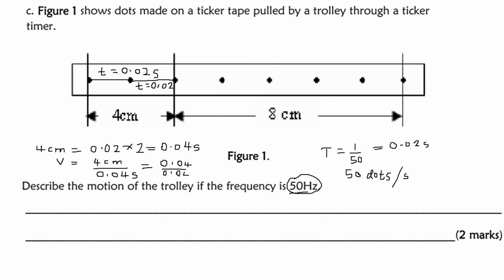This will give you 1 meter per second. So the speed of the trolley for the distance of 4 centimeters is 1 meter per second.